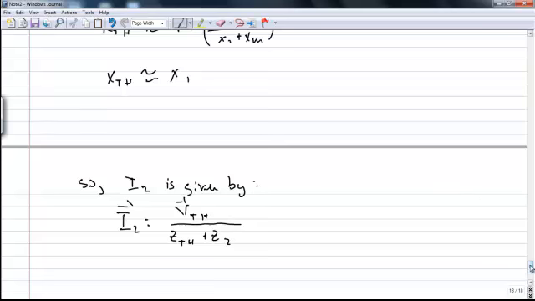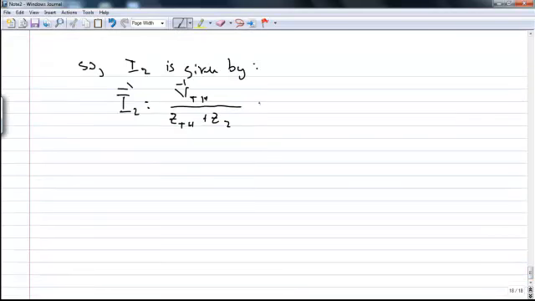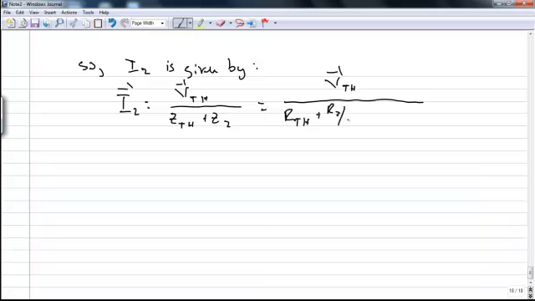We can expand upon this. This is equal to VTH, using the expressions we just developed, over RTH plus R2 over S plus JXTH plus JX2.